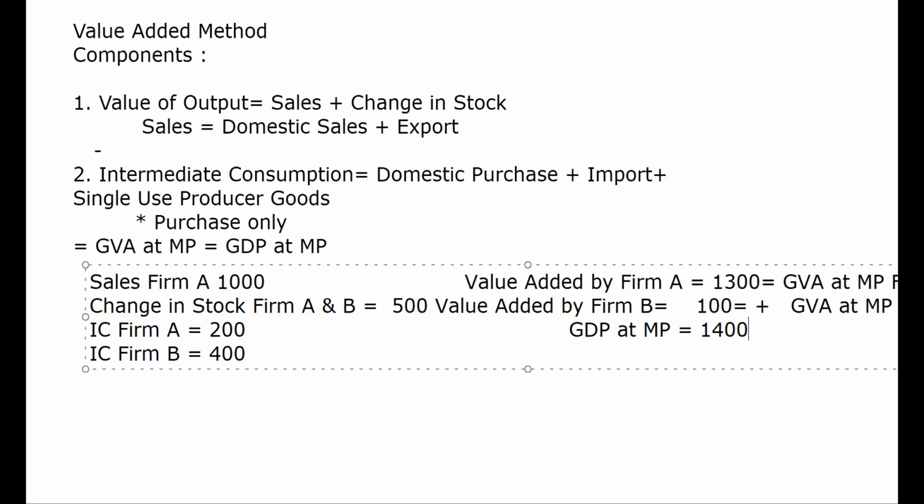Now suppose only a single firm or single sector has been given to you. Then GVA at MP of that single firm would be equal to GDP at MP.